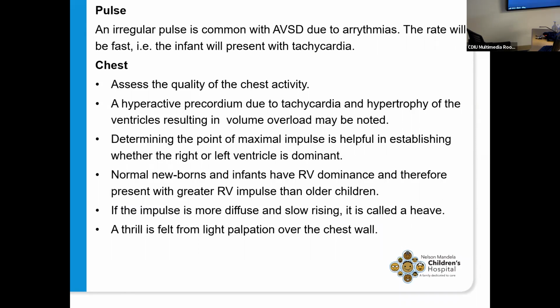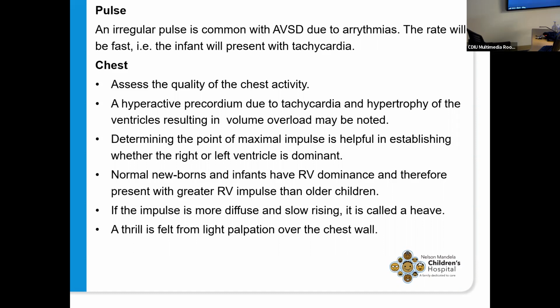With the chest, we'll assess the quality of the chest activity. We'll also note hyperactive precordium due to tachycardia and hypertrophy of the ventricles, resulting in volume overload. And then we'll also determine the point of maximal impulse to establish whether it's a right or left ventricle dominance.